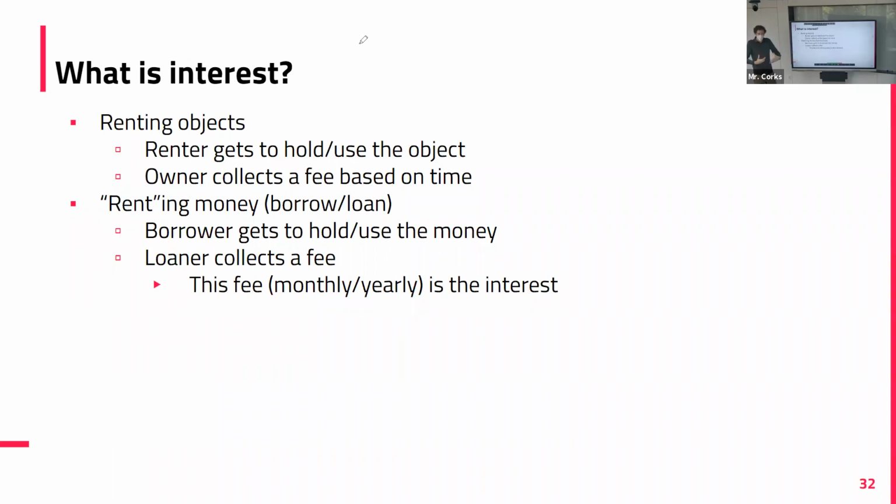I get the privilege of holding this amount of money and I can spend it on whatever, but whoever I'm borrowing it from, I need to pay them rent for that money. And the larger the amount of money, the more rent I pay, just like if you rent a bigger house or a bigger car, you pay more money for it. So it's the fee that you pay to rent money, or when you rent it to other people, it's the fee that they pay you.